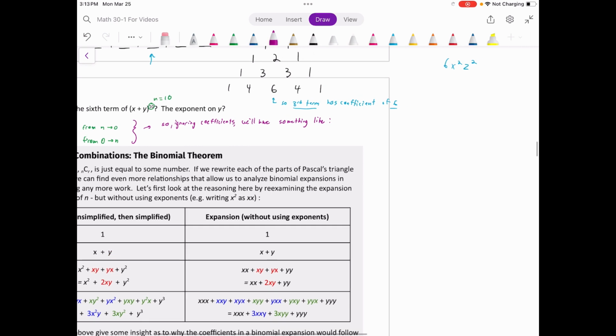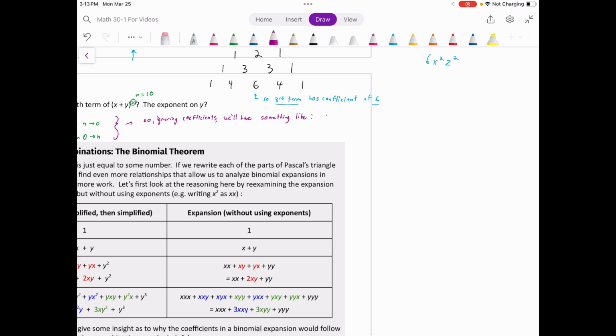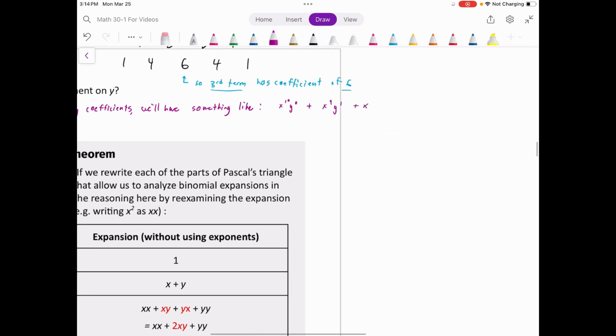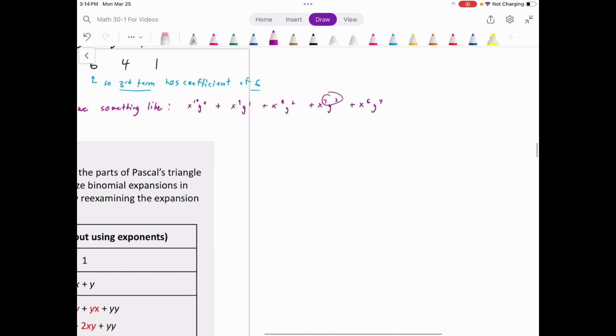But just to show you the full logic here, we'll have something like x to the 10th, y to the 0, plus x to the 9th, y to the 1, plus x to the 8th, y squared, x to the 7th, y cubed, x to the 6th, y to the 4th. Always adding to 10 as well. We know that.